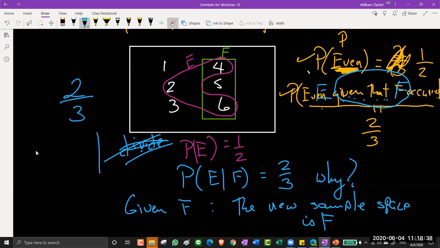So how could we rewrite that like this? We could write the size of F on the bottom, that's the size of the new sample space, and then we can't write N of E on top. Why not?